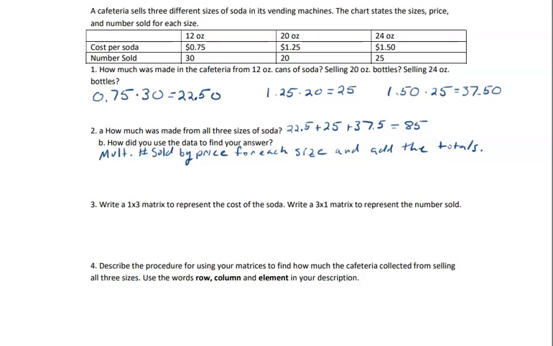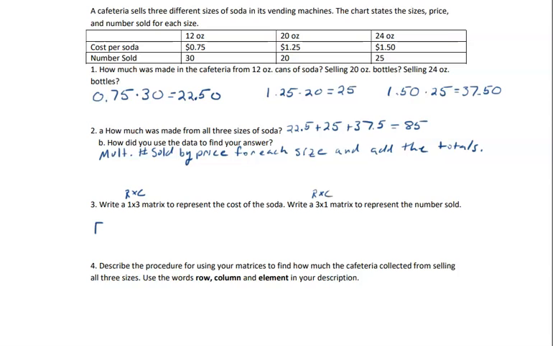Write a 1x3 matrix to represent the cost of soda. So 1x3 means one row by 3 columns, right? And then write a 3x1, 3 rows by 1 column.